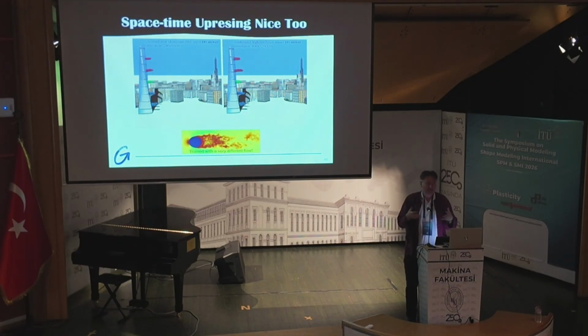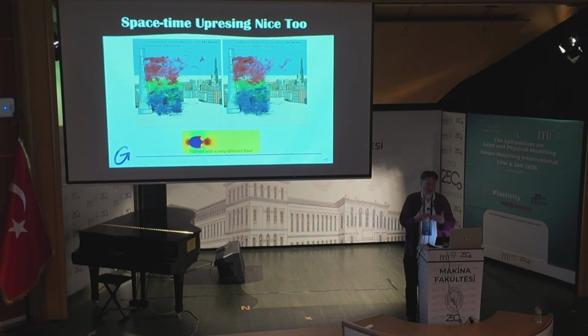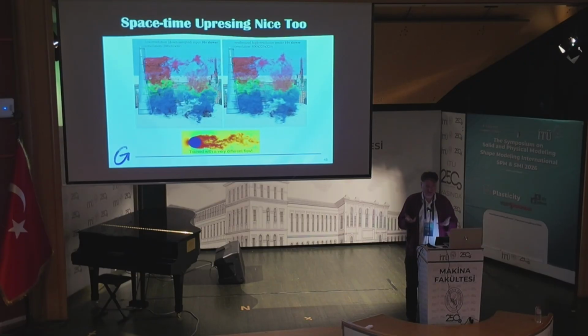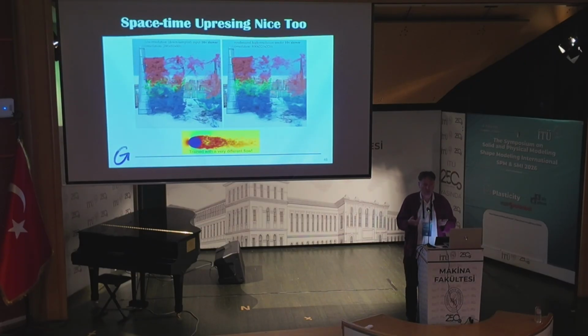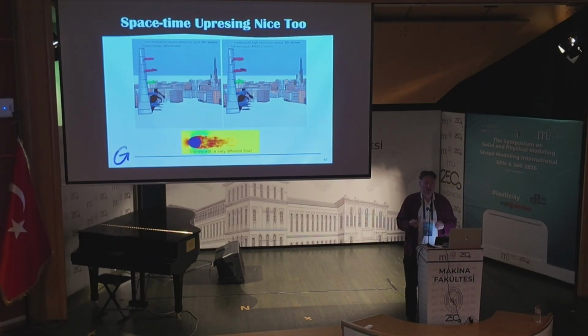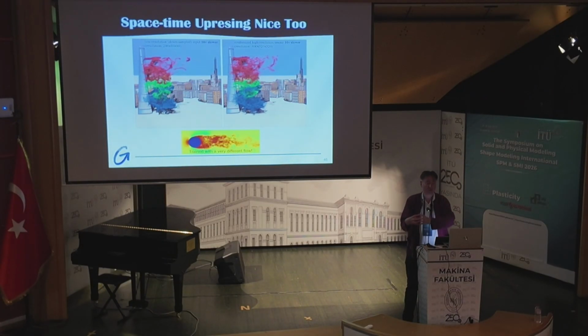We actually use a dictionary-based upsampling, which is very different from the previous method. In the previous method, we said we want it fast, and we don't really care. There's no physics, right? So we don't really care about the accuracy. We just want an upsampling that's really fast. Here, we cared more about the physics, so we did it a little bit slower using dictionary-based learning, L1 minimization, etc. But entirely by learning how to upsample a little chunk of velocity vectors from a coarse grid to a fine grid.